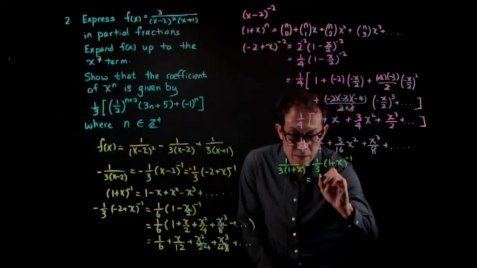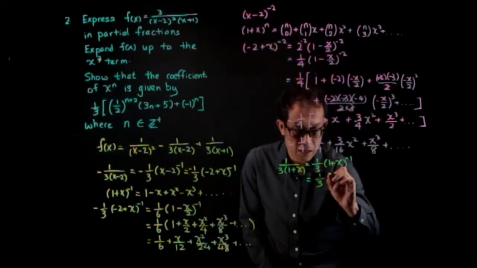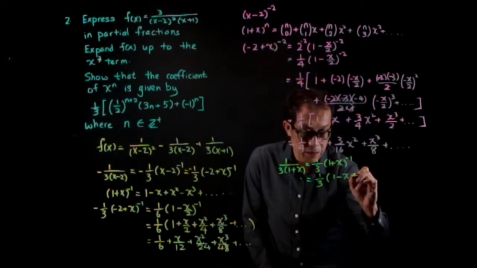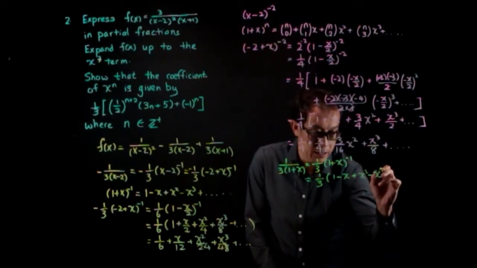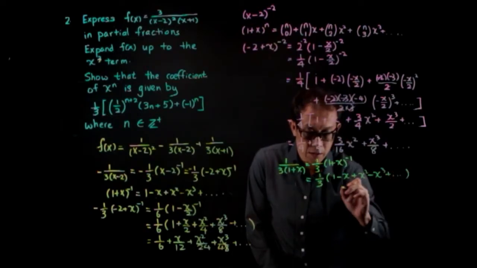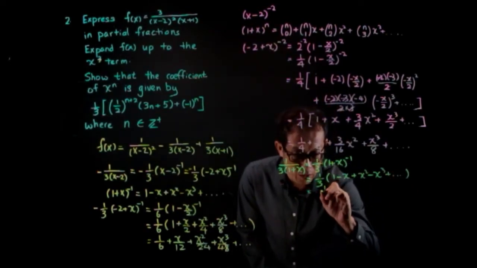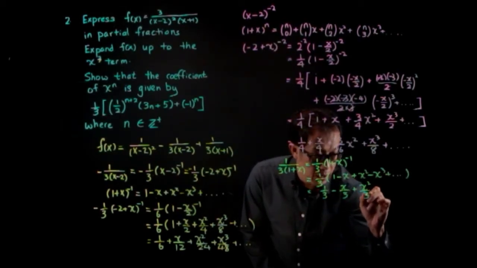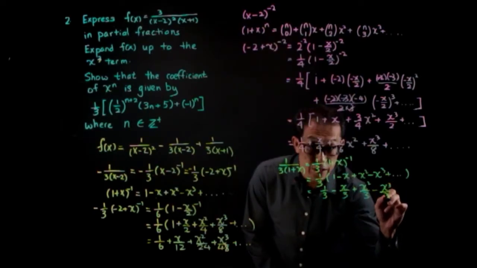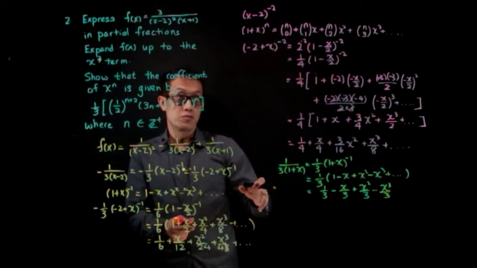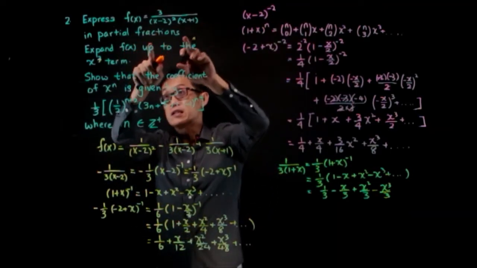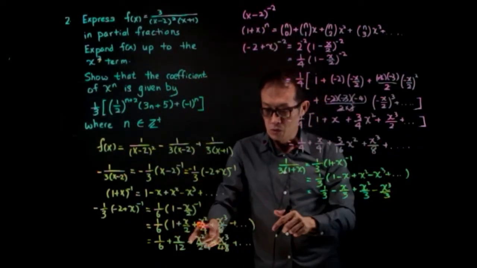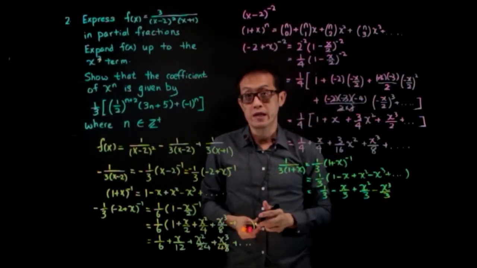You have 1/3 times 1 minus x plus x squared minus x cubed plus dot dot dot. Now you multiply the 1/3 inside, you have 1 over 3 minus x over 3 plus x squared over 3 minus x cubed over 3. Now to find the expansion up to the x cubed term, we need to add this part to this part and then to this part, and that will get the answer.